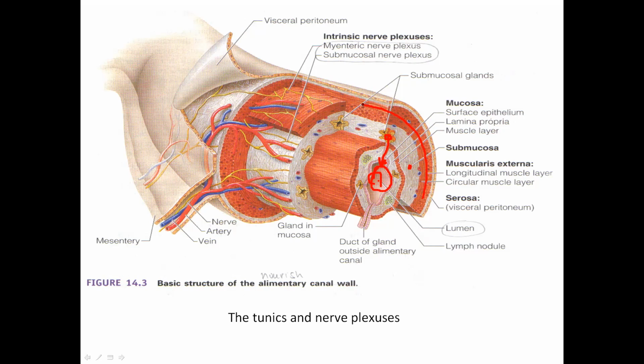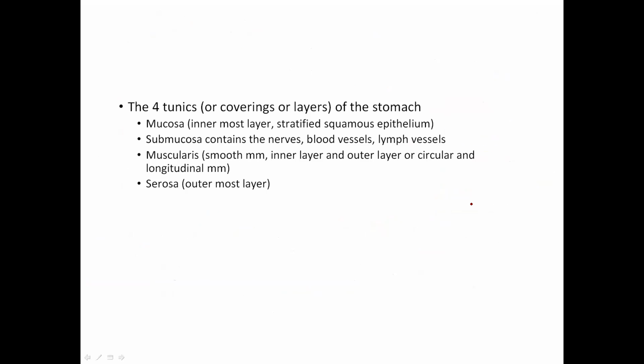So it does contract, but it does it on its own. The presence of food will force it to contract. And then you have the outside layer, the serosal layer. In the submucosal layer, this is where you find the nerves, blood vessels, and lymph vessels.